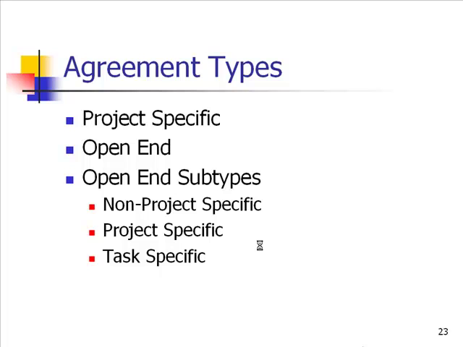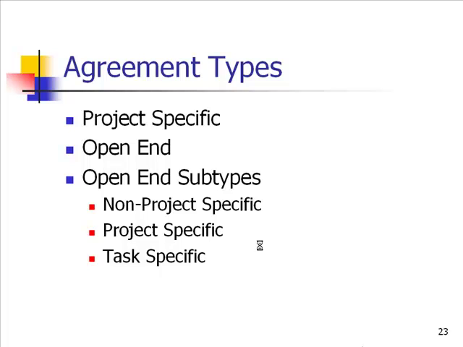The agreement types should be familiar to consultants. Here we have project-specific agreements and open-end agreements. What's new in ECMS 2 is open-end subtypes. So the first type there is a non-project specific open-end agreement, which is a regular open-end agreement.